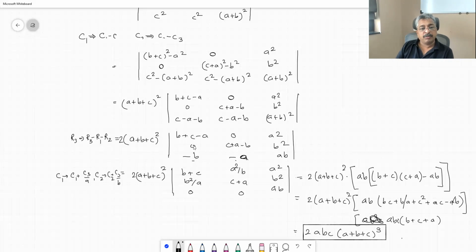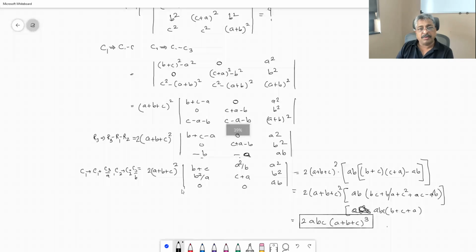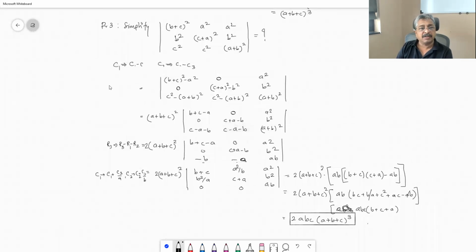Now let me show you one more trick here, but it is not going to completely solve your problem. It will help you to identify the answer. The trick is, suppose you expand the given determinant, what will be the degree of this polynomial?